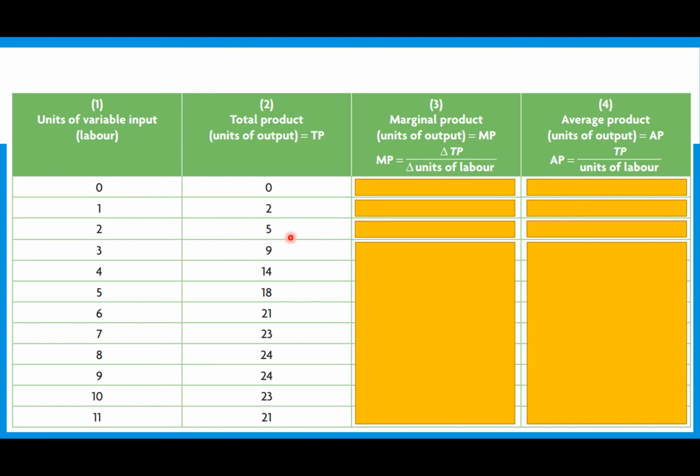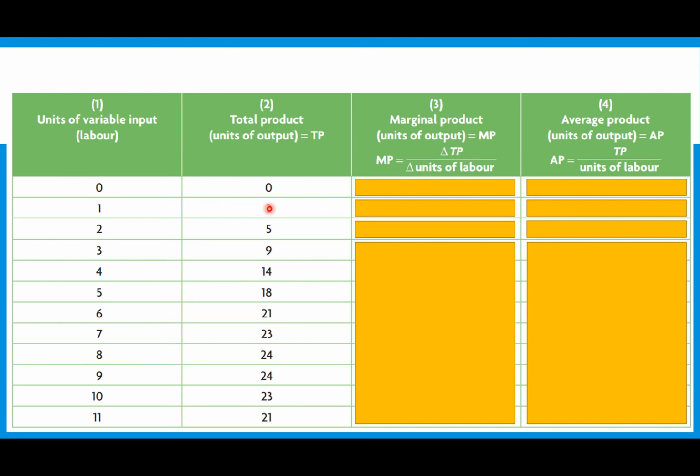During paper 3, something similar to this might come out, and you can be asked to calculate marginal product and average product. For marginal product, again, it can be calculated by delta TP divided by delta units of labor, the same thing as delta V as I introduced. So let's do it. MP equals difference in TP over difference in units of labor.